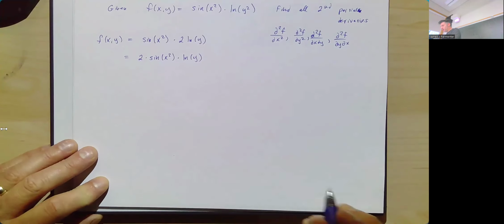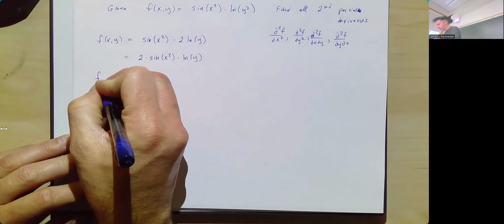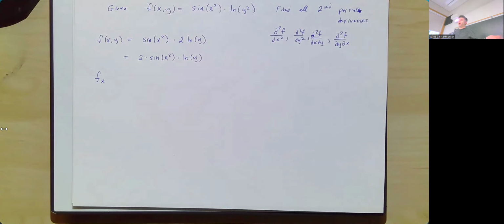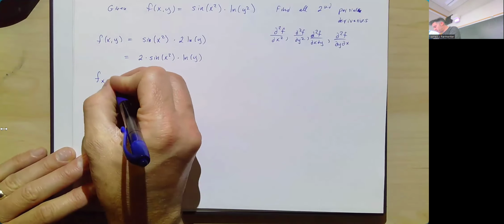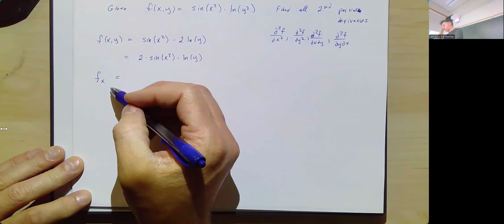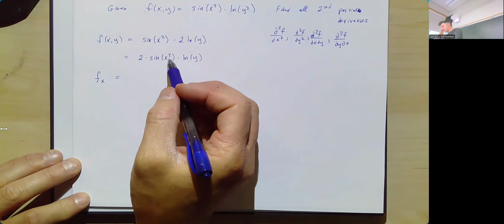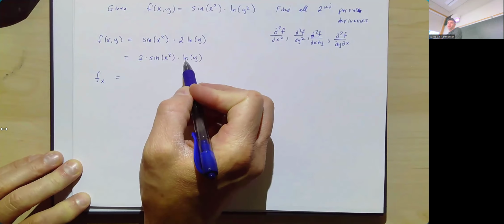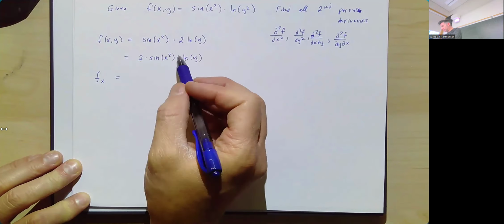So I always start with x because it comes before y alphabetically. No good reason. So when I'm looking at taking the partial with respect to x, I'm noting that 2 and natural log of y are constants, and I'm just differentiating sine of some stuff.